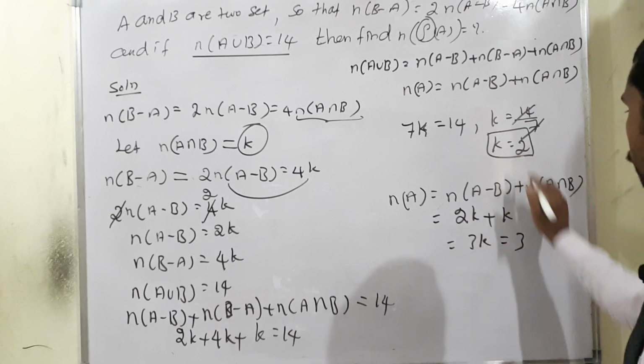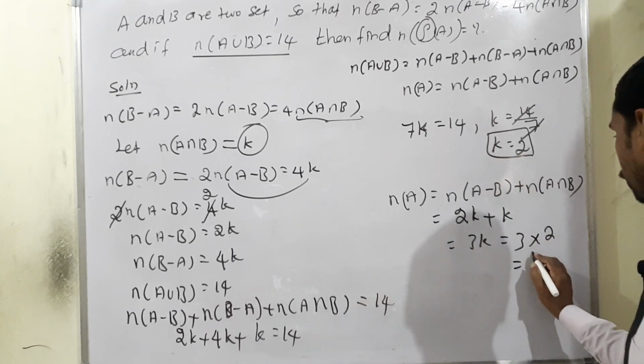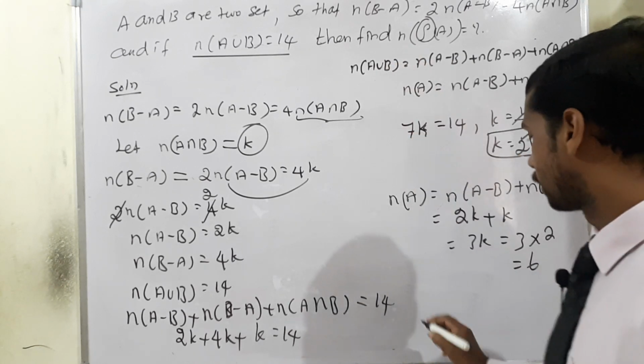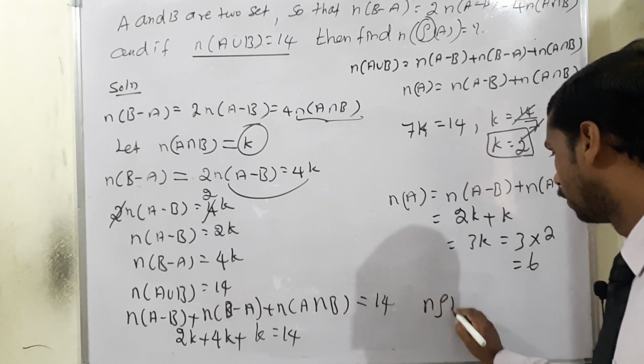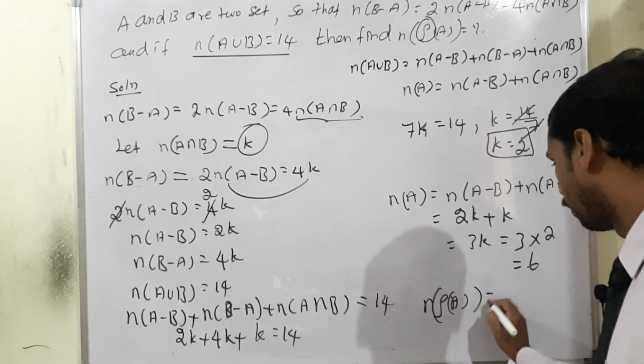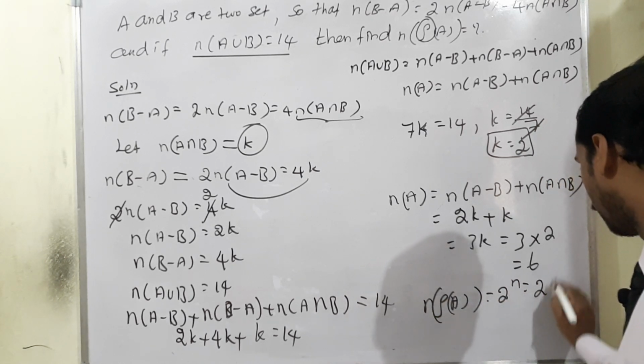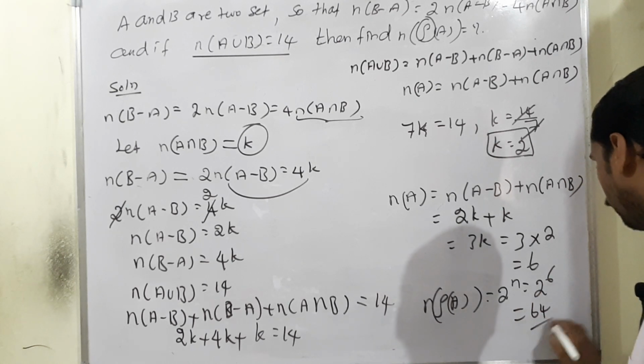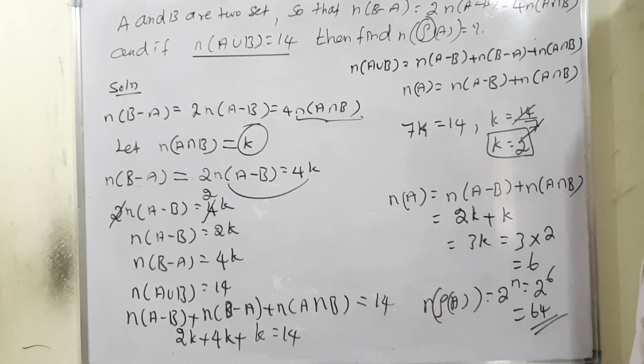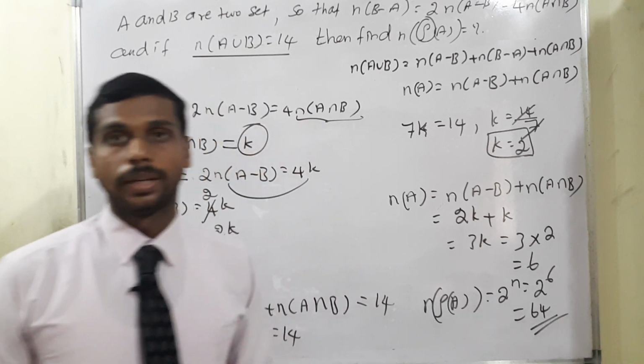Instead of K we can apply 2. So 3 into 2 is equal to 6. Therefore, final answer: number of subsets of A. Formula 2 power n, therefore we can write 2 power 6. The answer will be 64. This is our final answer. Okay, I will continue with the next problem.